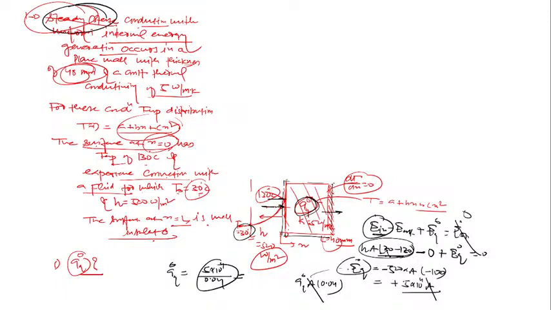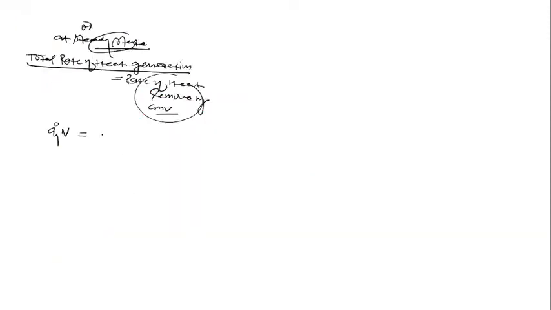The total rate of heat generation is Qg into the total volume. The rate of heat removal by convection is only through the left face, since the right face is insulated. So through the left I should write h A into 130 minus 30. Clear?